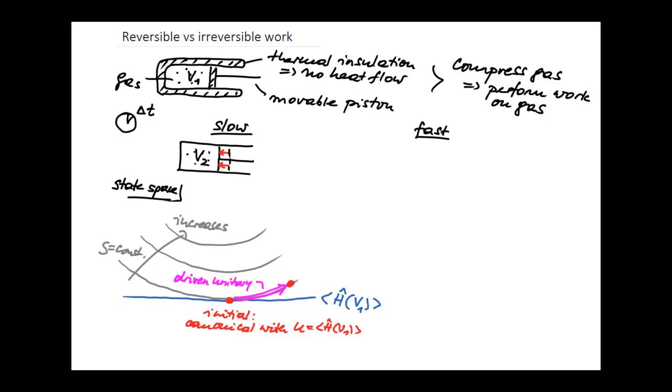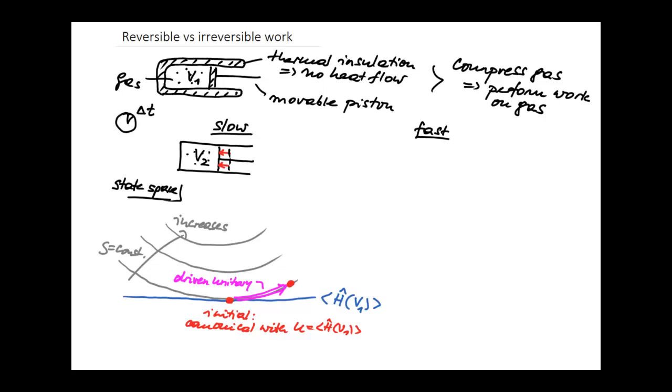A canonical state is characterized by the expectation value of the internal energy, and now after compression we have a new Hamiltonian because we changed the volume, and the volume is a control parameter of the Hamiltonian.